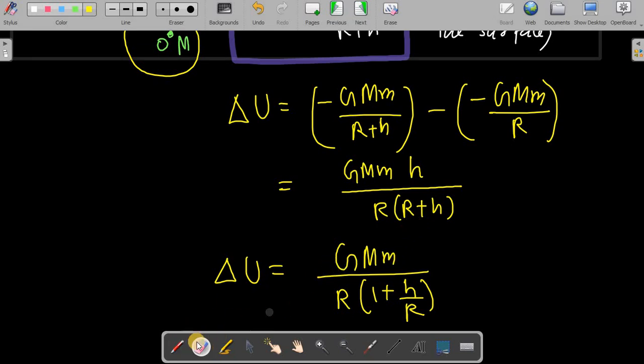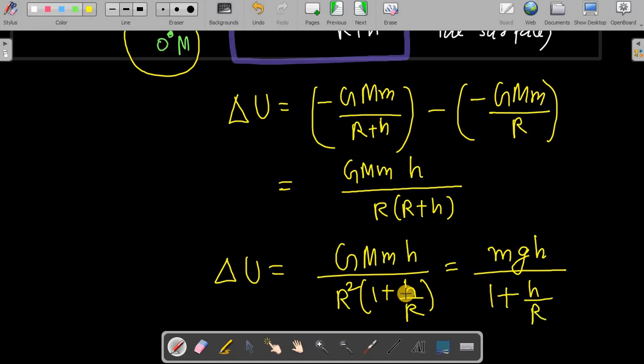Now I think here we can just keep this h and multiply this. Now it is correct, right? In this form you can see that GM by R square is nothing but g, so it becomes mgh by 1 plus h by R. Correct.